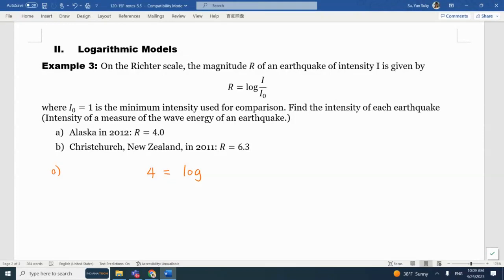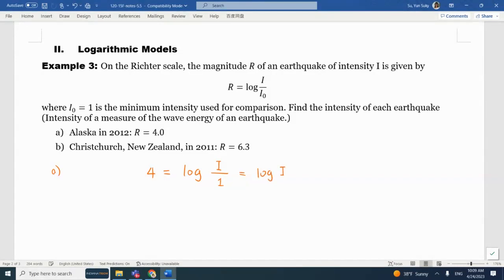If you don't see a base there, then what is the base? 10, yes. I is the intensity. We don't know yet. And we're looking for I, right? And then I0. Oh, this is the old handout. Yeah. And I0. I0 is what? 1. So this is 1.